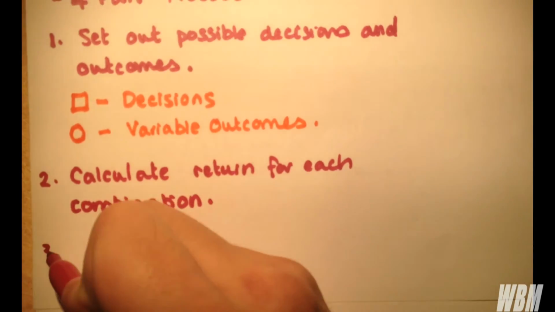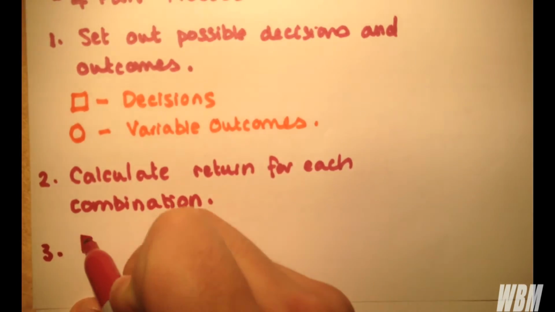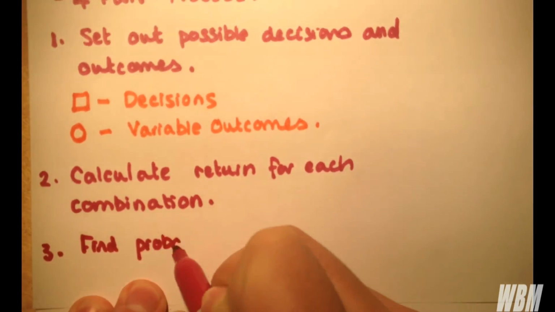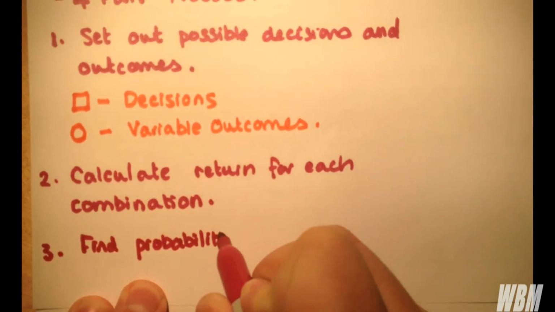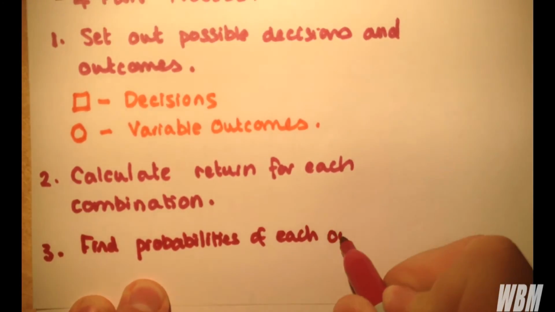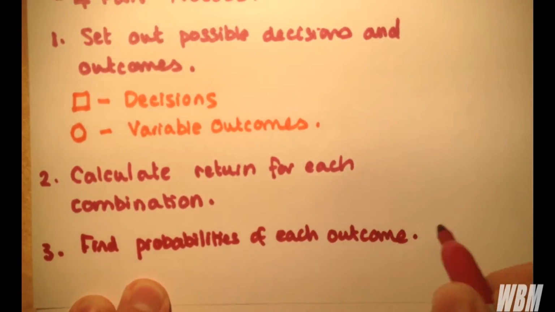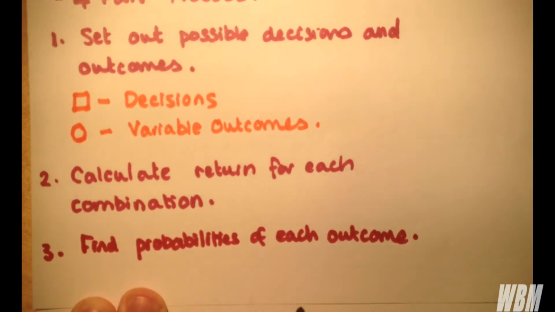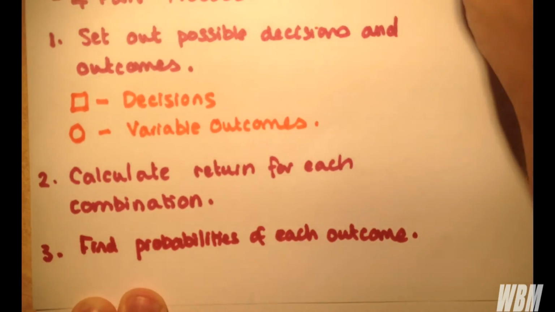So part 3 is to find the probability of each outcome. So how do we do that? In this case, it's a bit of a lengthy process, so we're going to speed it up as much as we possibly can.